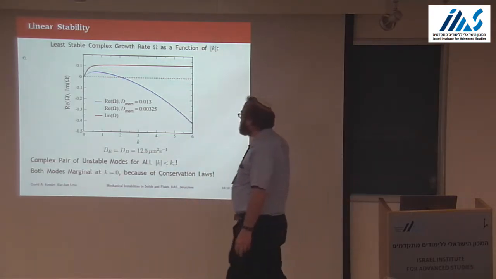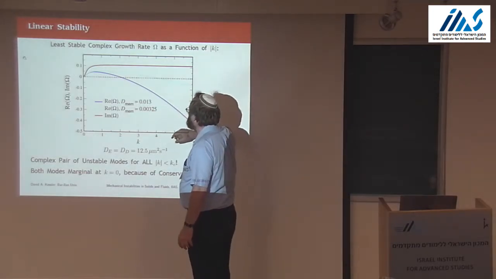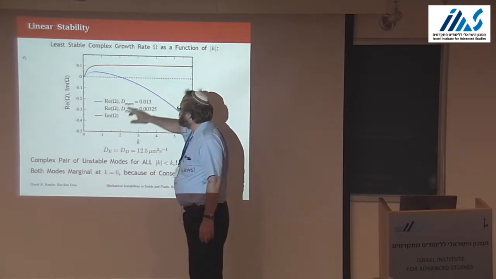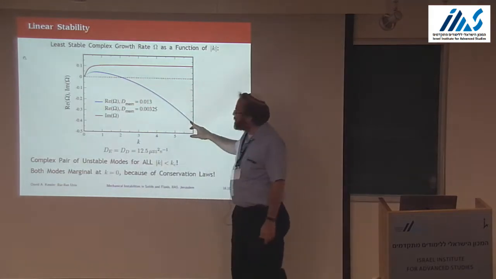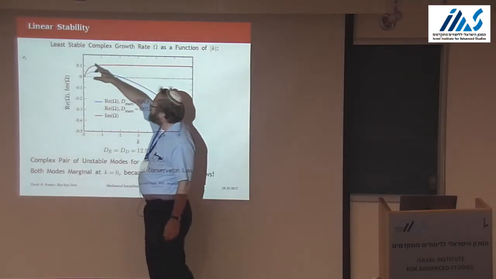And lo and behold, this is for two different values of d on the membrane. Let's just focus for the moment on the dark blue. So this is the real part of the growth rate, and this is the imaginary part of the growth rate.